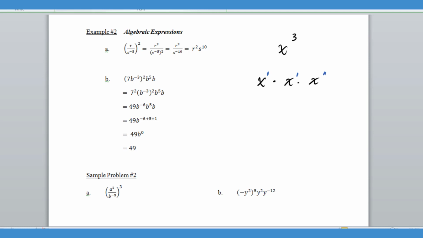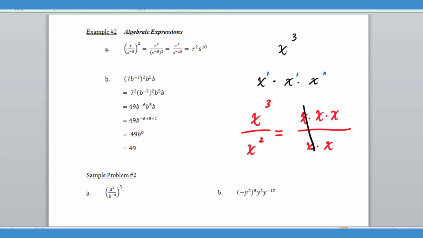So if you got in a situation where you were unsure, let's say of x to the third over x squared, and you were unsure of the property to deal with the exponents, you could always use this factoring process as a bailout. So if you did x times x times x over x times x, what you could simply do is cancel out the terms that were the same on top and bottom.